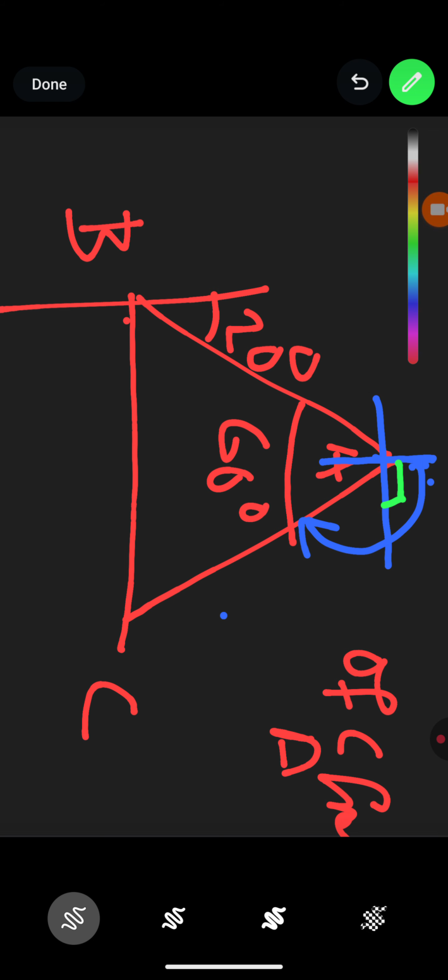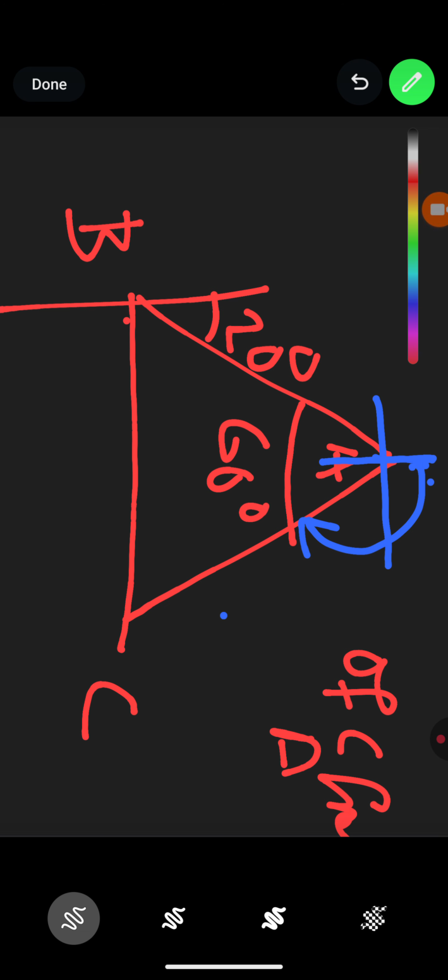Because the arms are at 90. But this part we don't know. Also we know that this part is 180 because this is a straight line. But we don't want this part, right? So if from 180 we can remove this part, what's going to remain is this part.